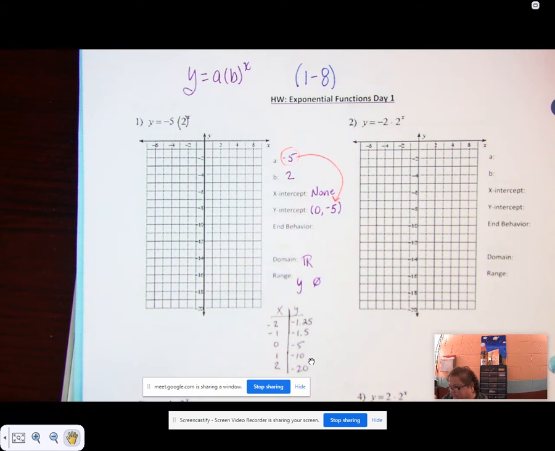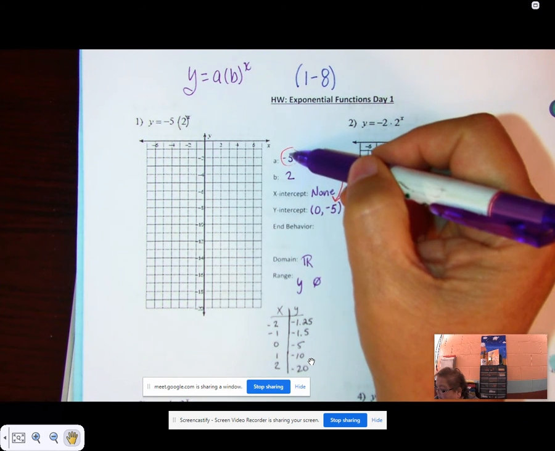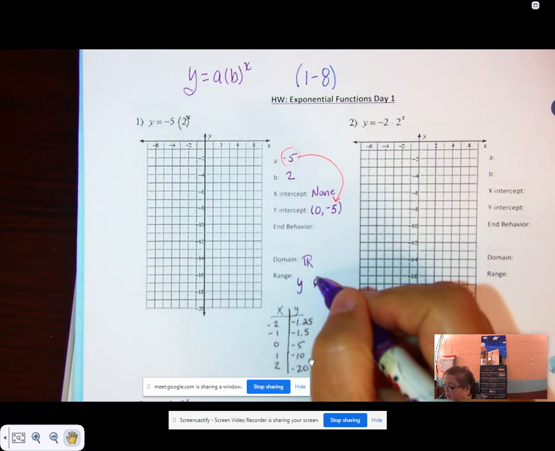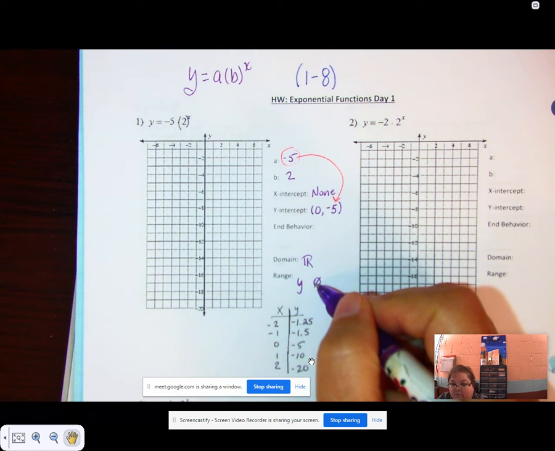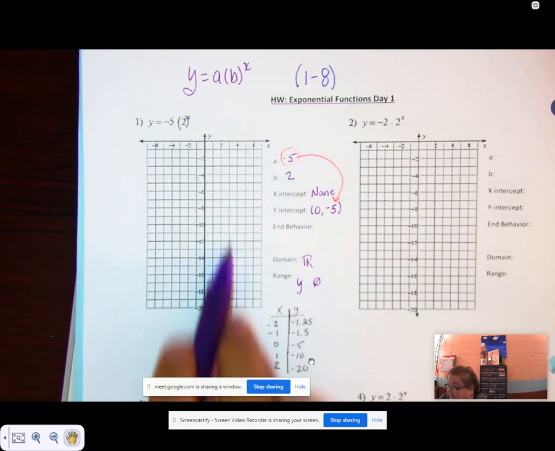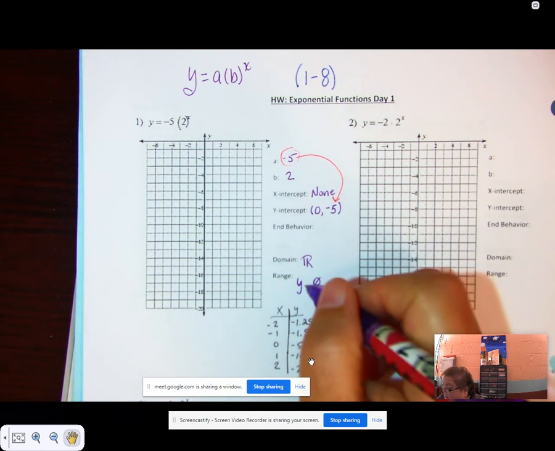Now, I can go ahead and get my inequality from that because if my a value is negative, then that tells me that 0 is my highest number, highest y value. So if it's negative, all my answers are going down.